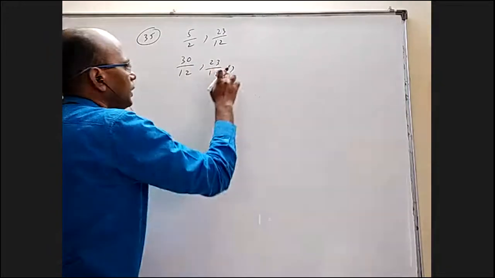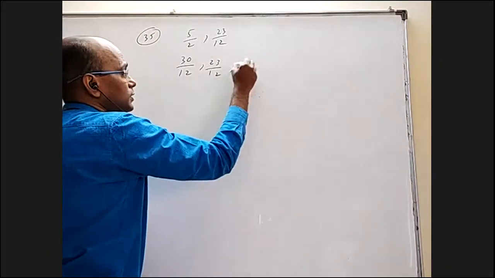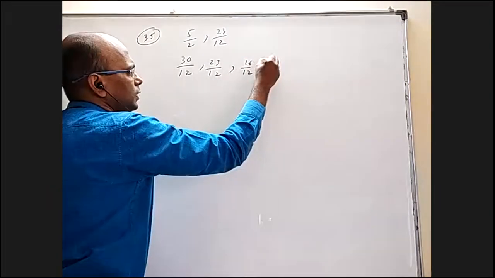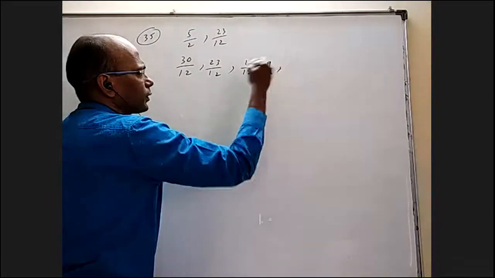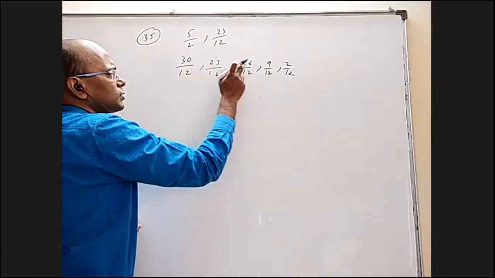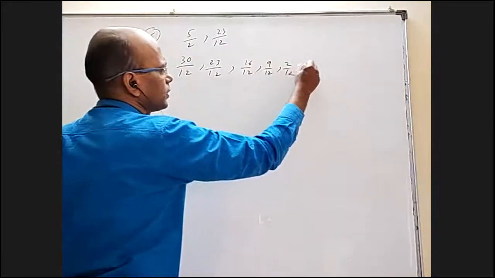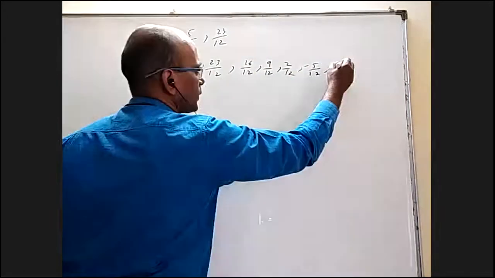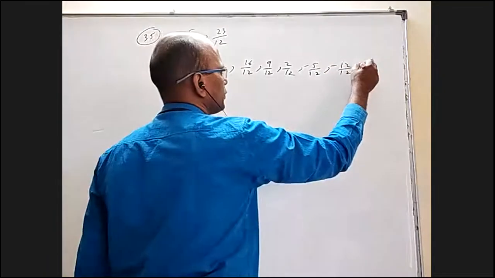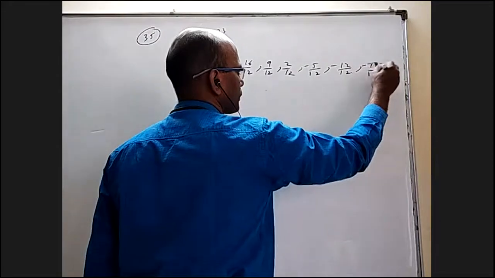If I keep on decreasing by 7, this will be 16 by 12, then 9 by 12, then 2 by 12, minus 5 by 12, minus 12 by 12, minus 19 by 12, and so on.